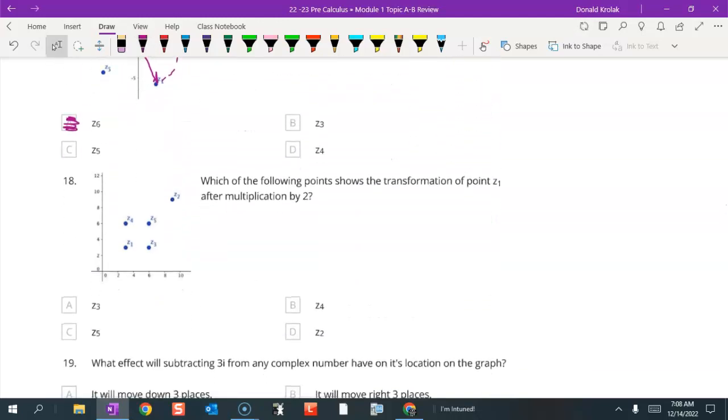Okay, now what happens when you multiply by 2? Well, that's going to dilate by 2. Okay, so z1 is here, so the distance that it's from 0 is going to double, so it's going to end up at z5.